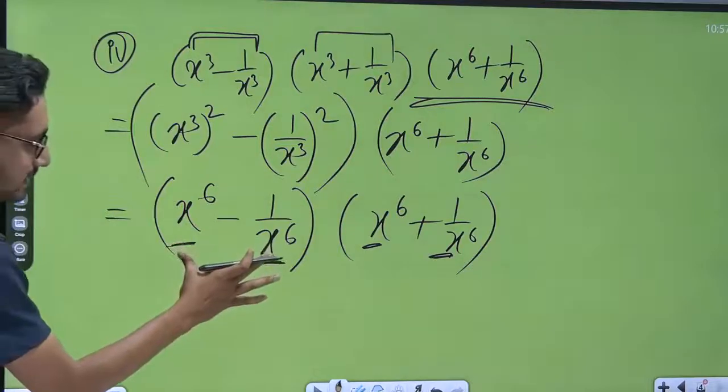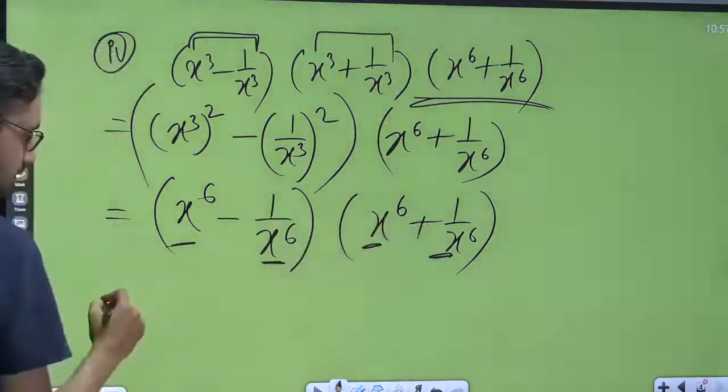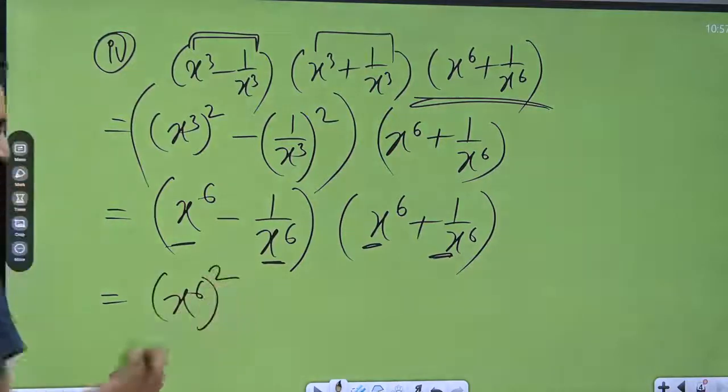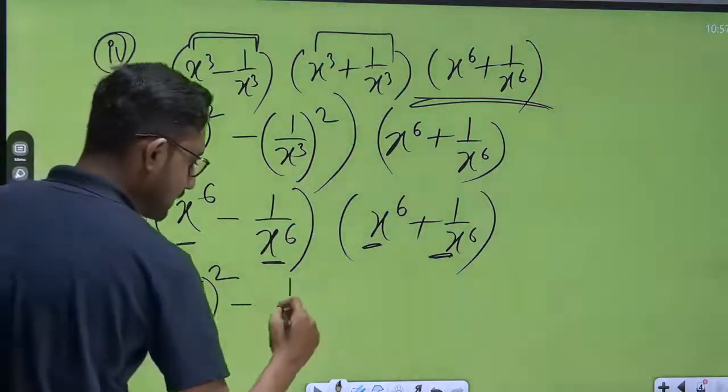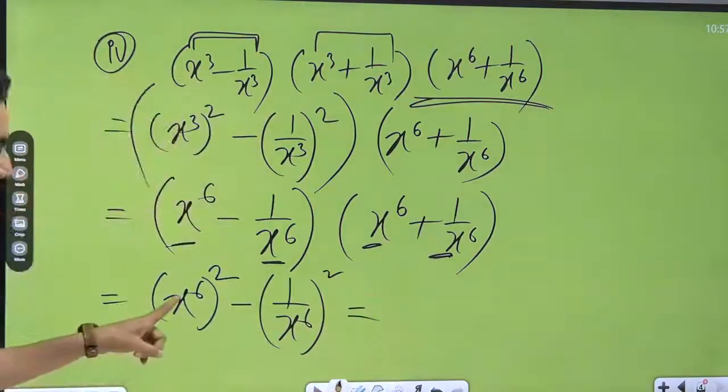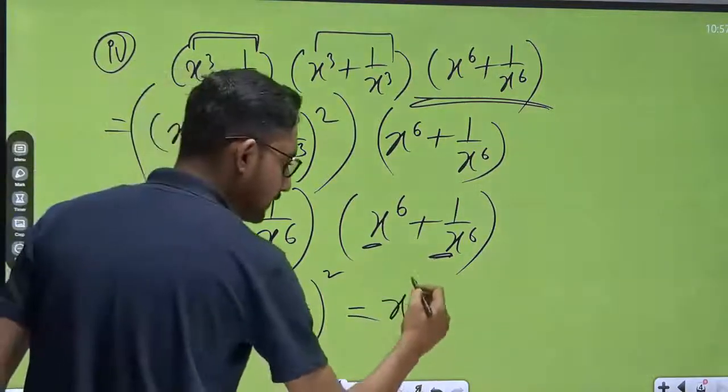Now all of you see, any formula making, a minus b and a plus b. Same things are repeating. That's why we can say this is a minus b, this is a plus b.